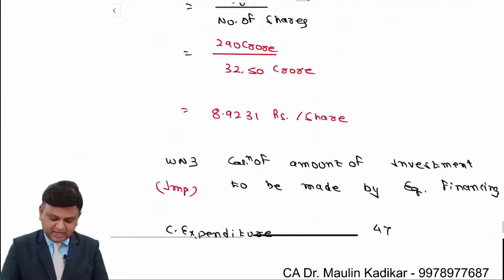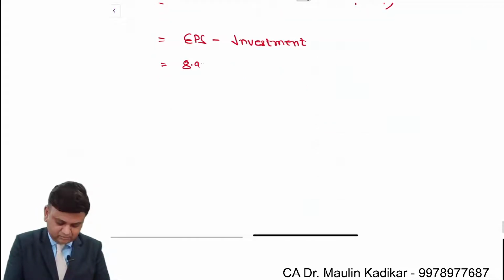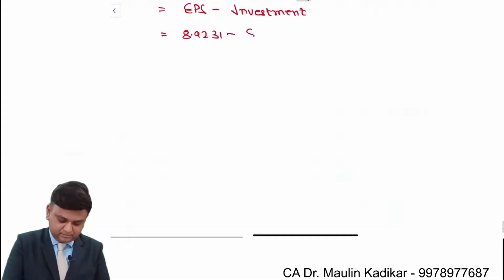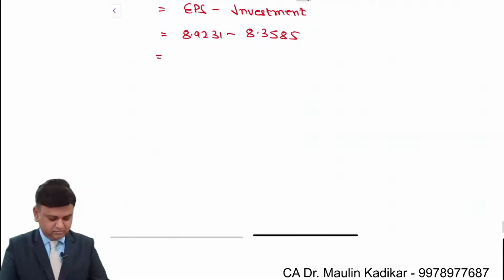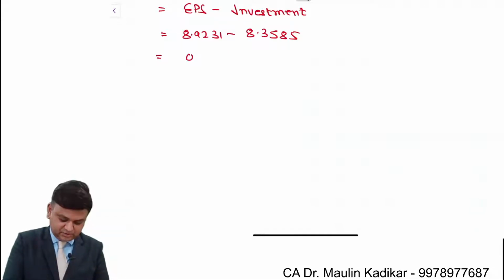Earning per share is 8.9231 minus investment is 8.3585. So 0.5646.